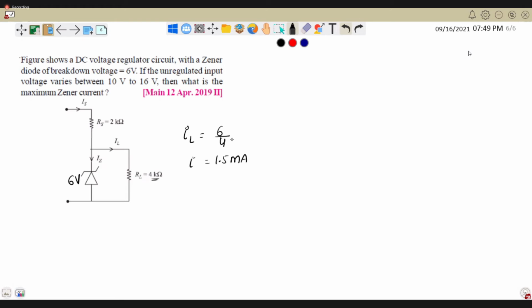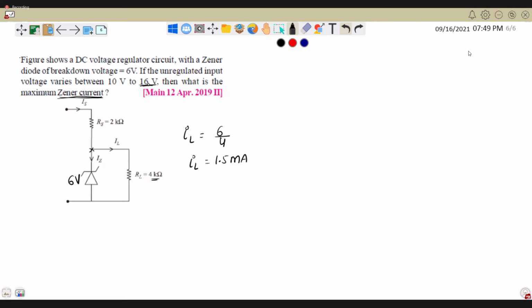Now, if the unregulated input voltage varies between 10 volts to 16 volts, then what is the maximum Zener current? Maximum Zener current will be at 16 volts, isn't it? So this is already coming.